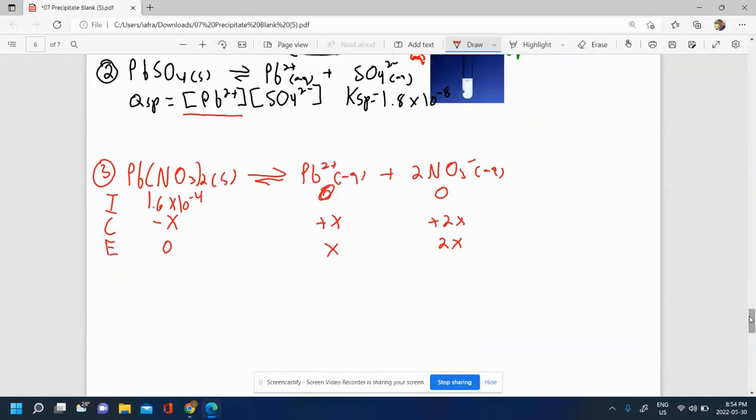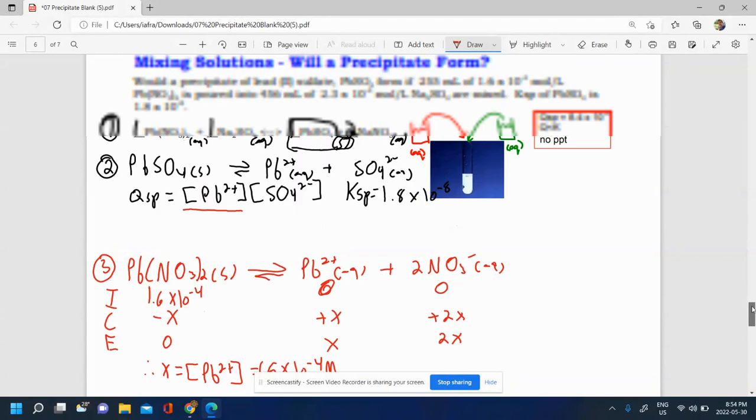So what this means is that, therefore, x, which is the concentration of the lead ion in that volume, is going to be 1.6 times 10 to the power of negative 4 molar. Keep in mind this is in the initial volume.